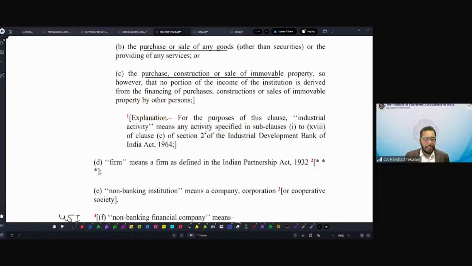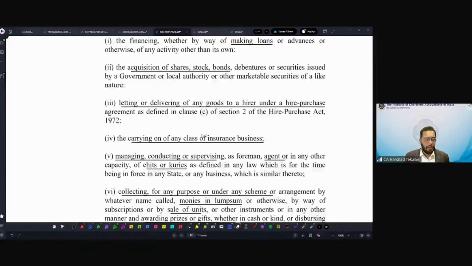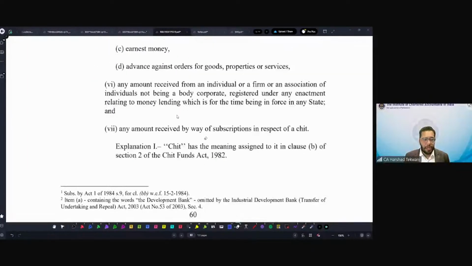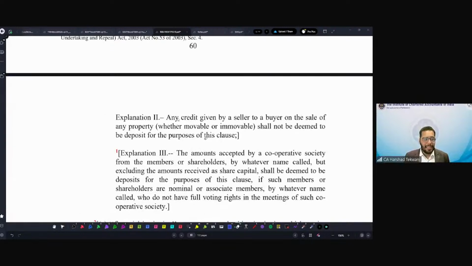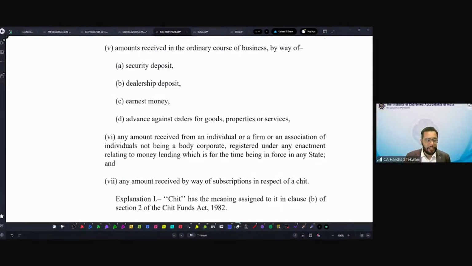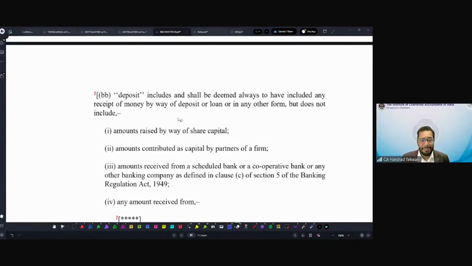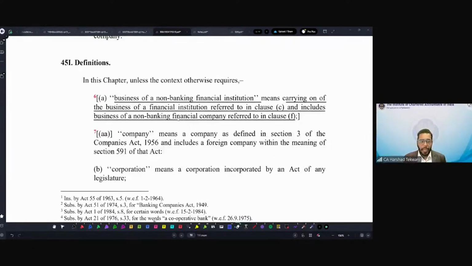Second is your C, which is financial institution. But in both of the cases, they are specifying a term which is known as the principal business. In both of the scenarios, we are talking about the term business over here. Business of NBFC.